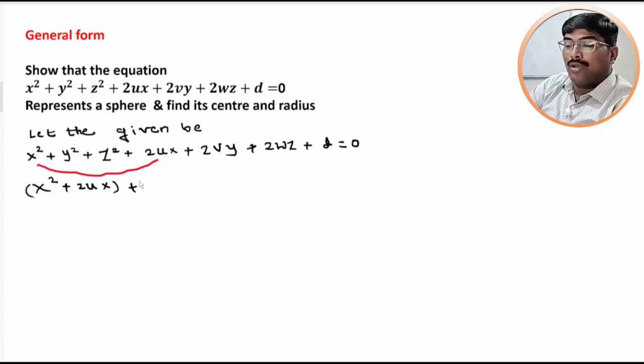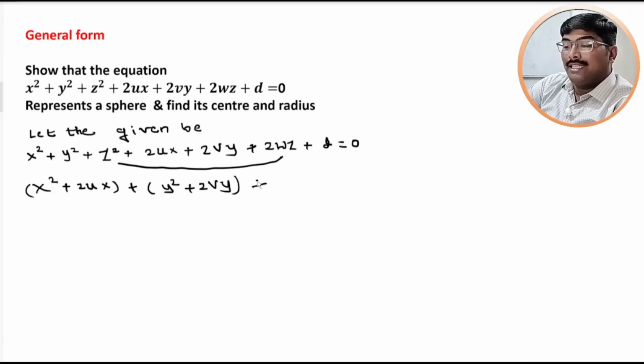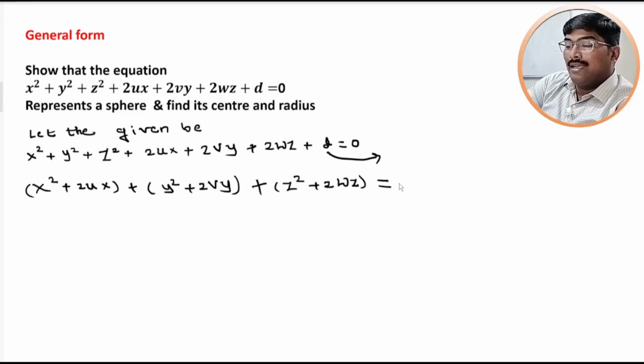Now we have to collect the term containing y, means y square and 2vy in second bracket. So we can write it as y square plus 2vy, and at last you have to collect the term containing z. The terms containing z are z square plus 2wz. And you have to transpose this d to the right hand side. You will get minus d.